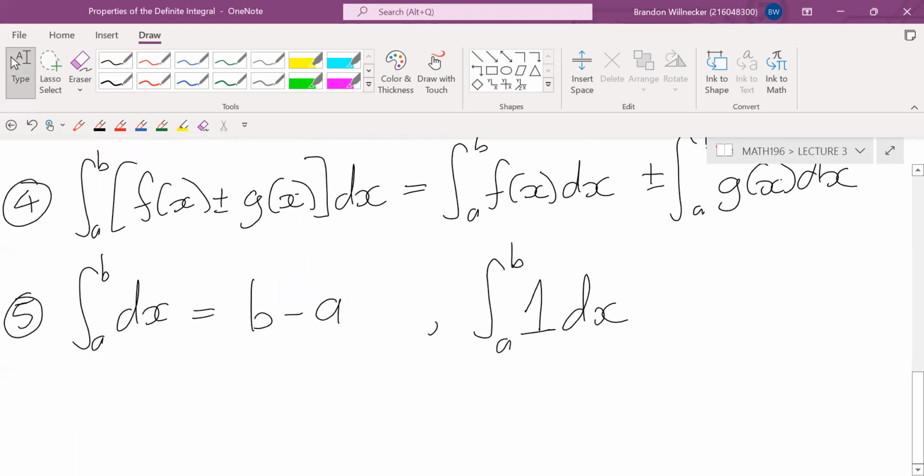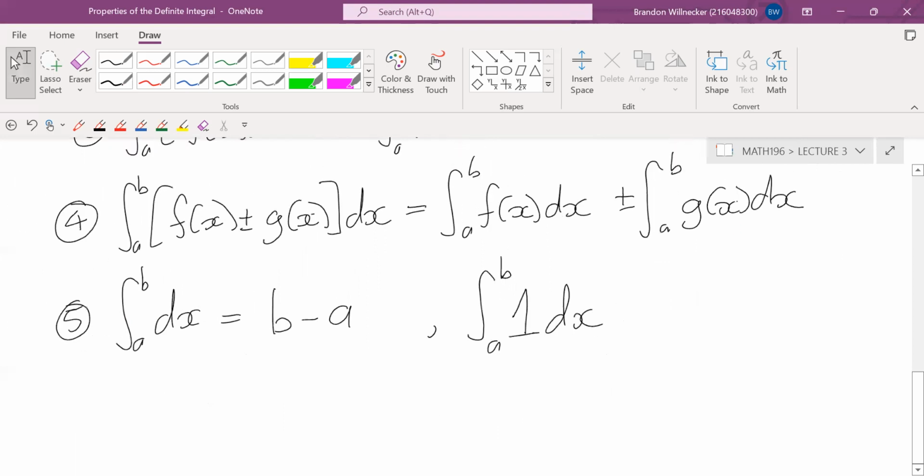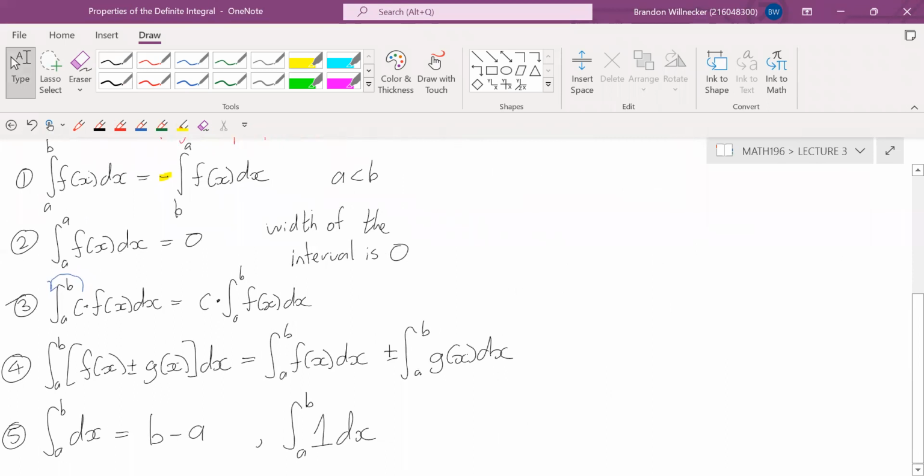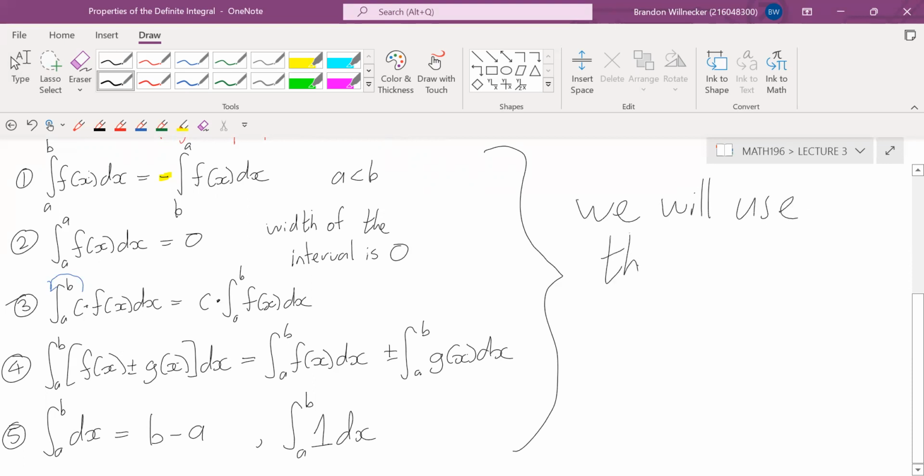Okay, so that's all of the main properties that we need to know. Let's zoom out here so we can see them all. So about 5 properties, and you'll be using these properties to simplify calculations.